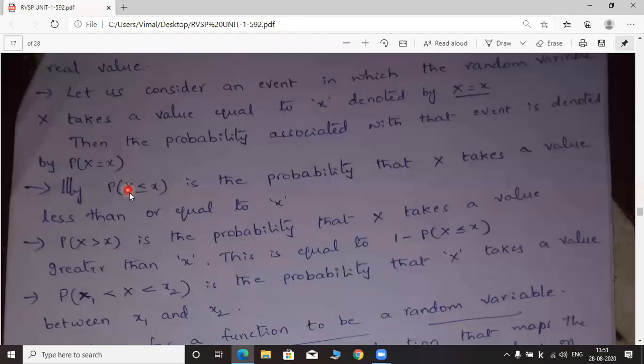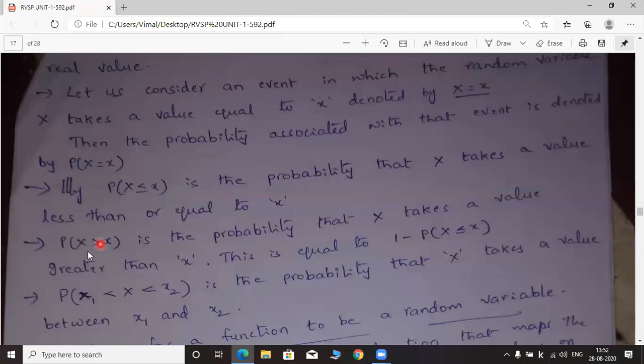Probability of capital X less than or equal to small x means the random variable capital X is taking the value of small x, in addition to the values which are less than small x.